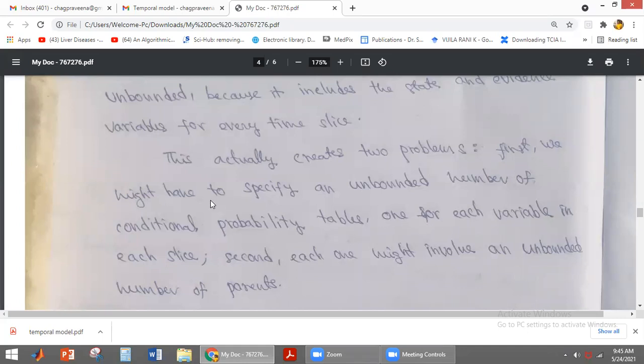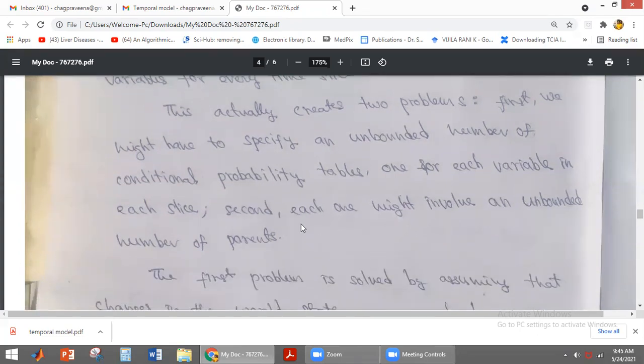Since we have an unbounded number of variables, we will also have an unbounded number of conditional probability tables. That is one problem.